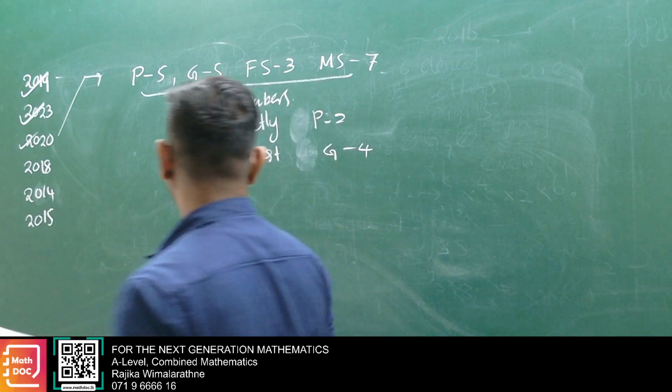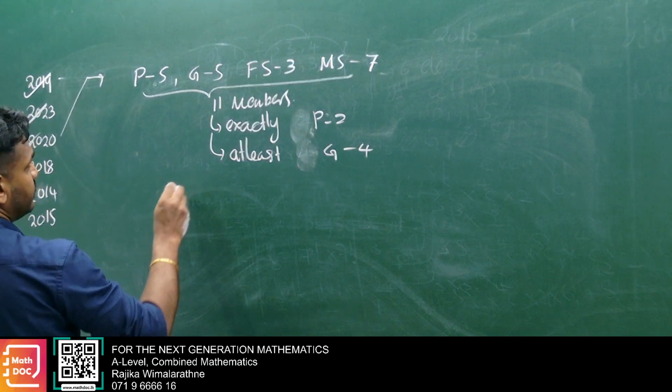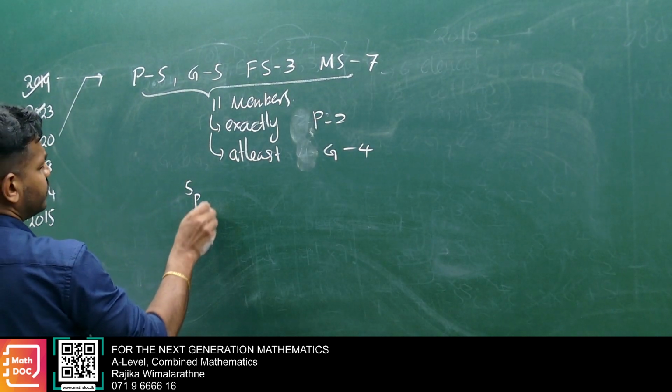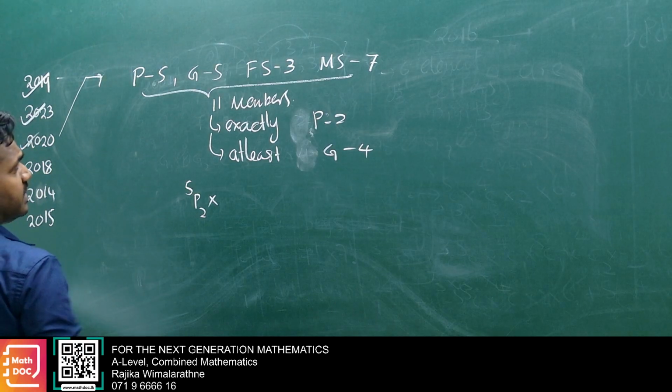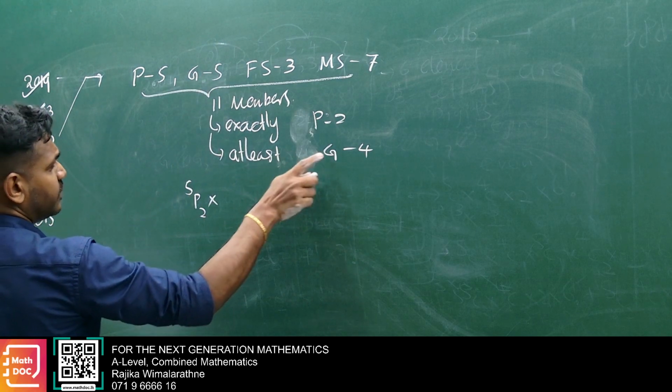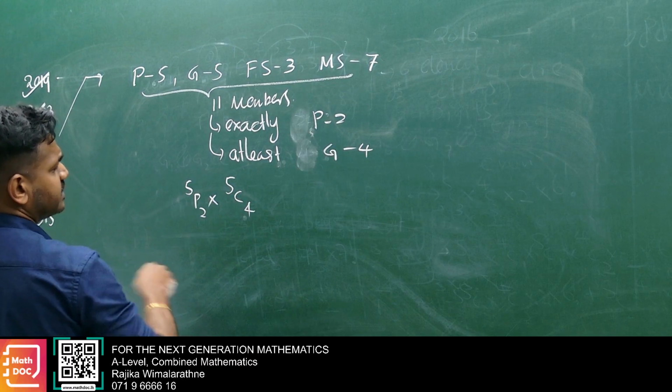Then you have to select exactly 2 pianists. Here 5, you select 2: 5C2. Guitarists need at least 4, so you select 4: 5C4. Now we have 4 guitarists.